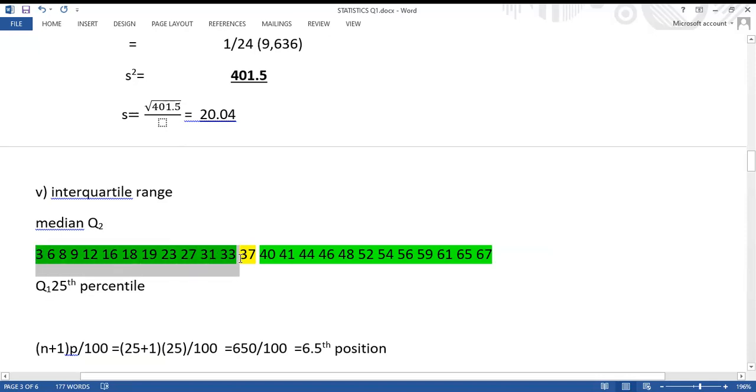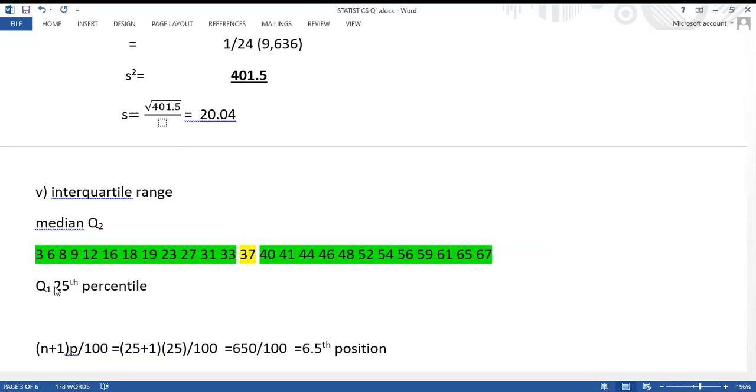What I've shaded here is the lower half of the data. Are you able to see? That's the lower half. The lower quartile will divide this part of the data into two equal parts. So what we're doing here is locating the position of the lower quartile.